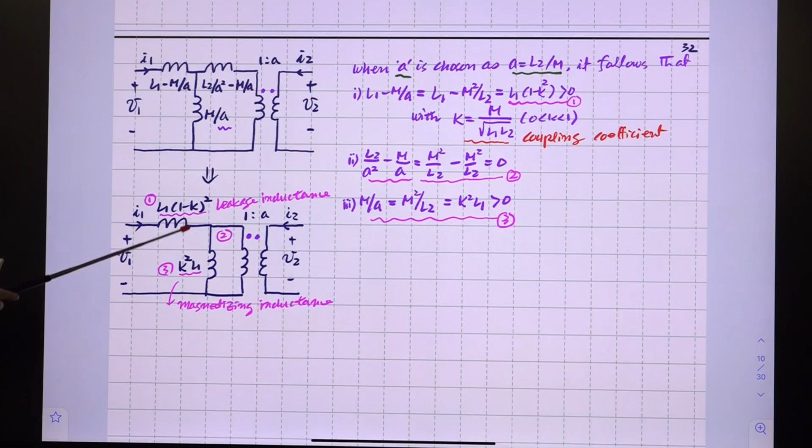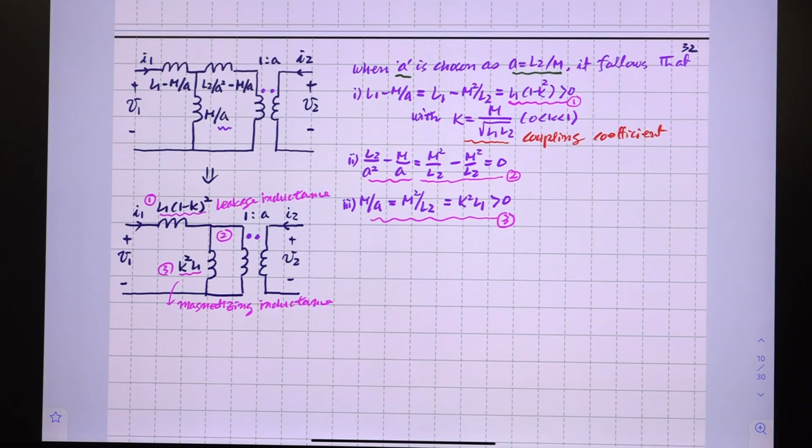So one inductor is here, another one is here, and we have 1 to A as the turns ratio of the ideal transformer. Now this becomes the ideal transformer, and this can be considered as the leakage inductance of a practical transformer, and this is the magnetizing inductance of a practical transformer, and this part is the simplified or ideal transformer representation of the practical transformer.